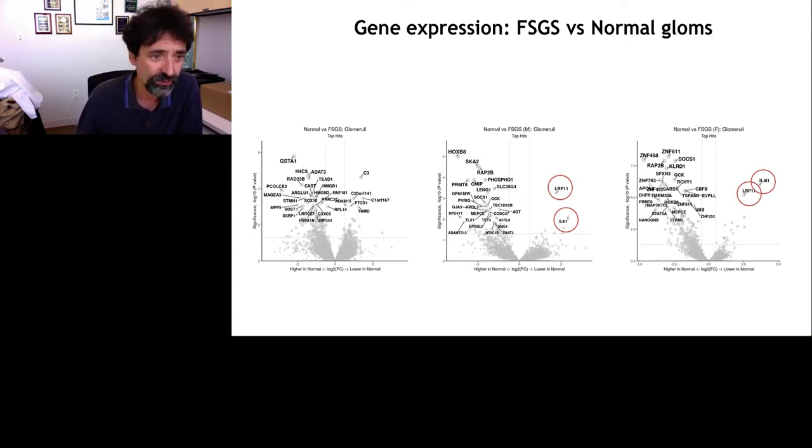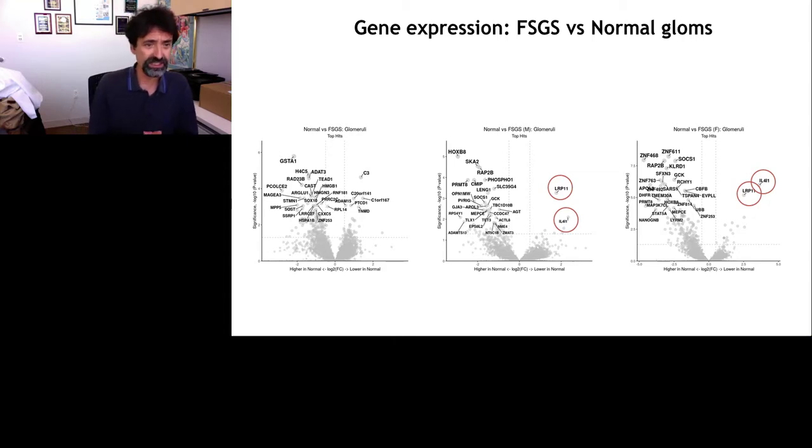And if you look at the volcano plot on the left, putting together both biopsies, you can see that the most highly significantly upregulated gene in the FSGS patients was C3, and we were pleased to see C3 because it's one of the complement components, and we have been interested in studying complement in this condition.